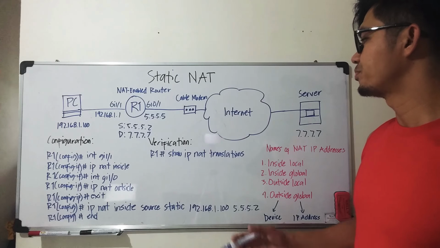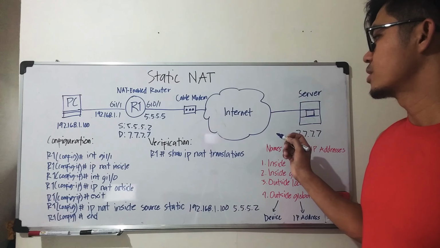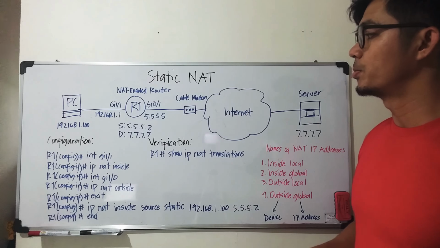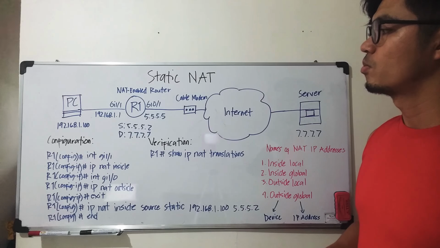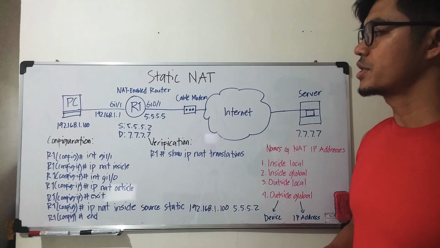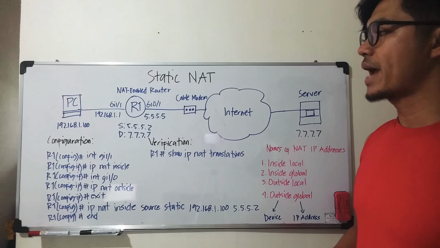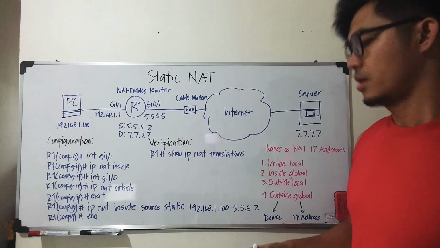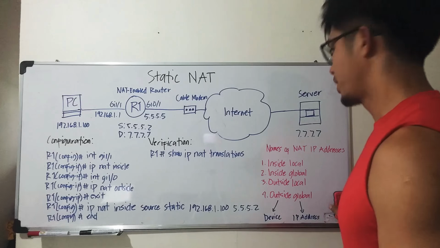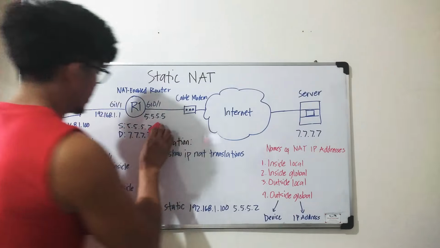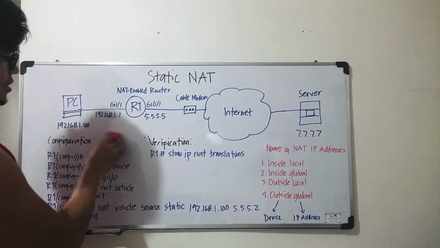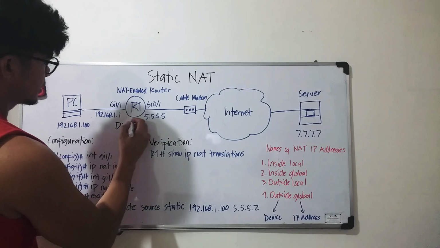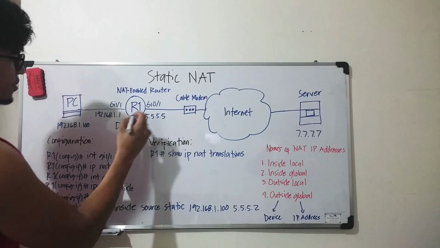And when traffic goes back to R1, R1 will actually translate back the public IP address. Of course, when the traffic goes back, the destination address will be just vice versa. The reverse.